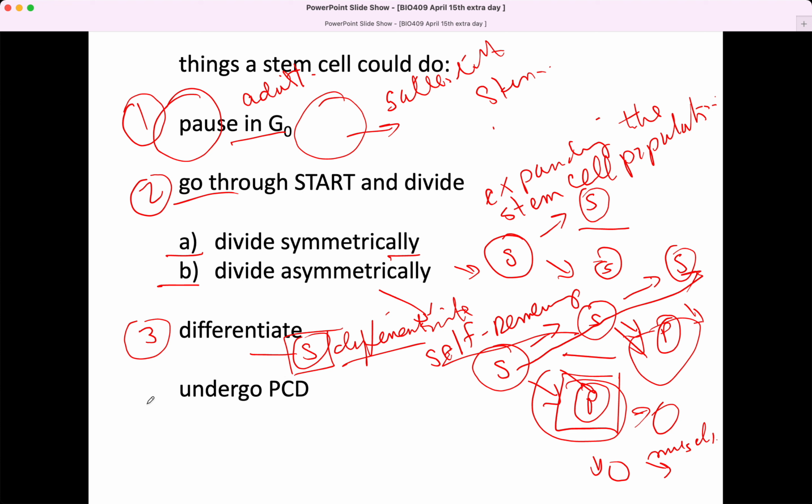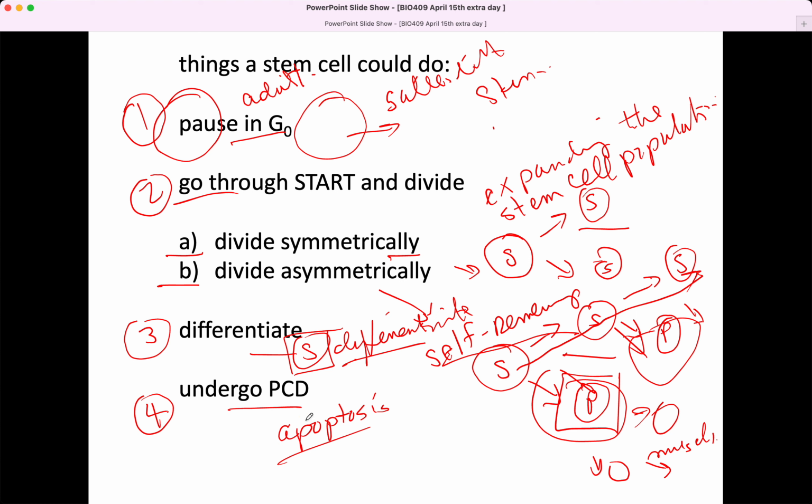And then the last one, and it's an important one to recognize, is that stem cells are dangerous cells, because what if they grow out of control? And so stem cells, if they get in situations they're not comfortable with, they'll undergo PCD, and it's apoptosis. So they will decide internally to undergo apoptosis.